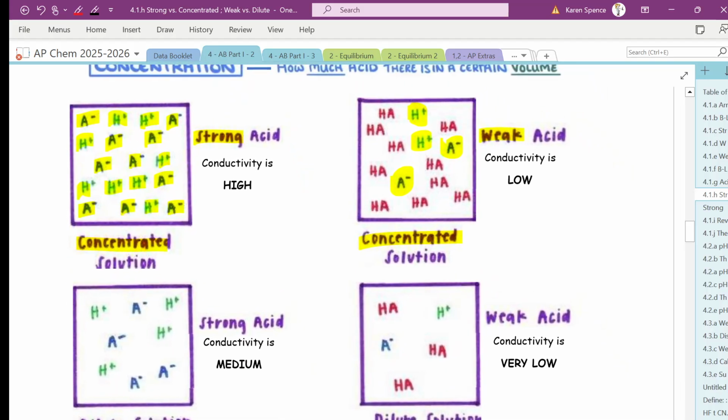We can have a strong acid that is dilute, and you'll probably still end up with a medium conductivity, or low if it's super dilute.